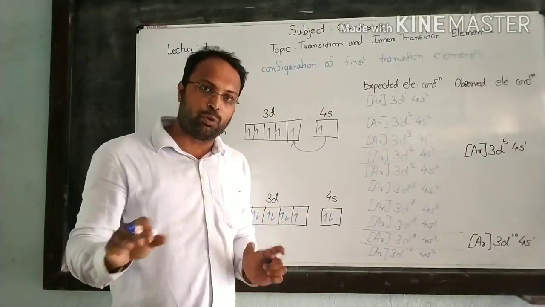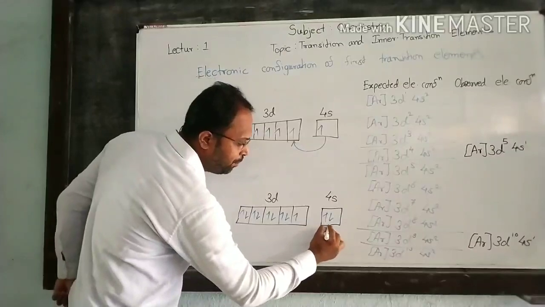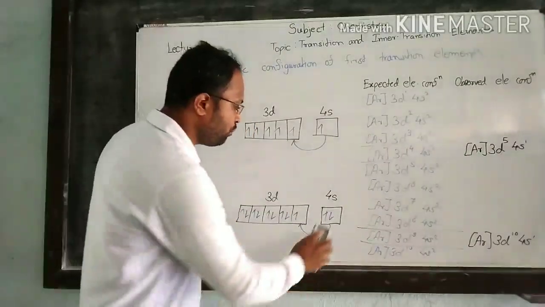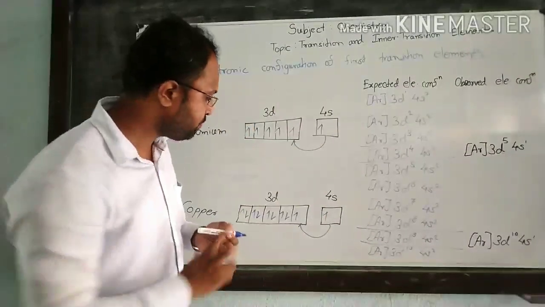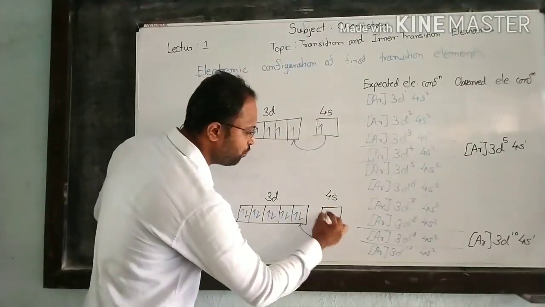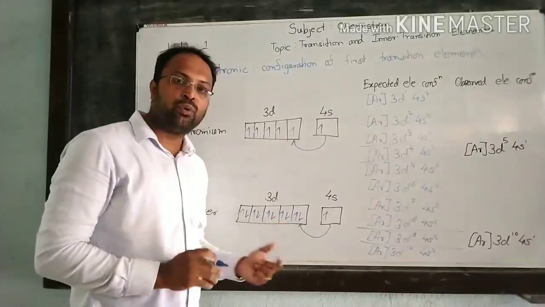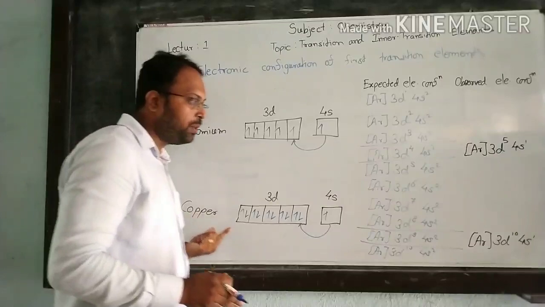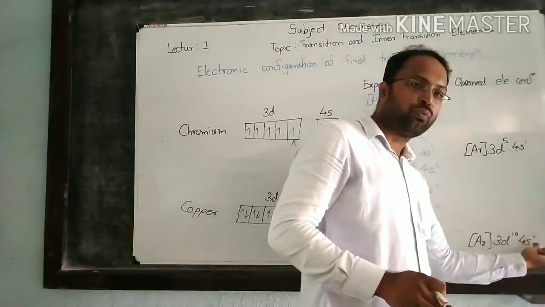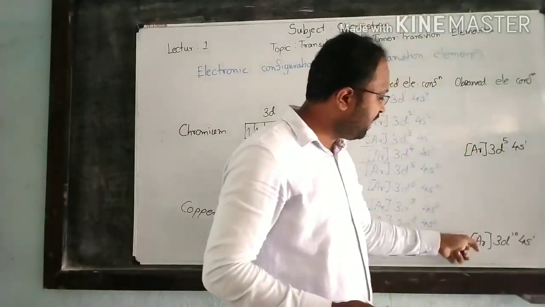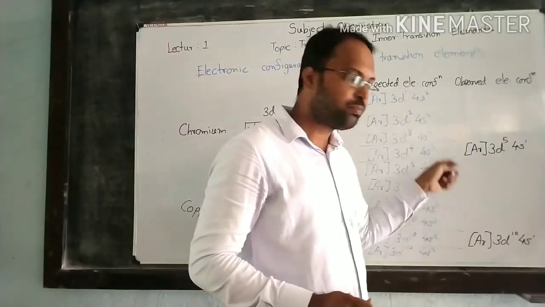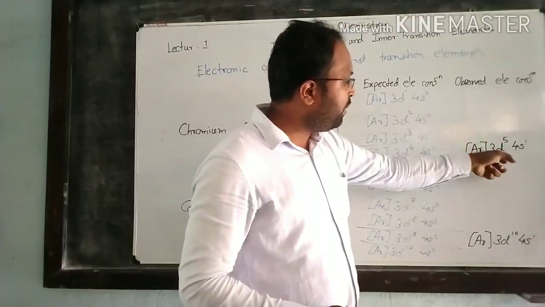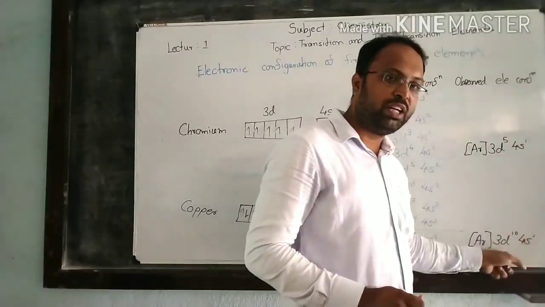So an electron can shift from 4s to 3d, and the configuration becomes 3d10 4s1, which has extra stability. That is why the electronic configuration of copper is 3d10 4s1. So these are the differences between expected and observed cases, because of the stability of half-filled and fully filled conditions.